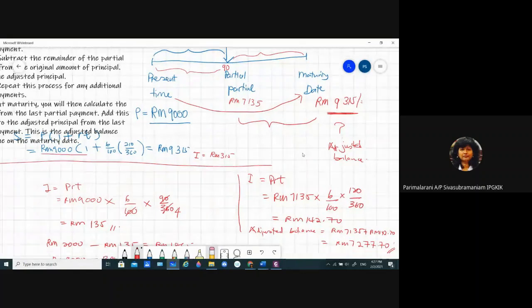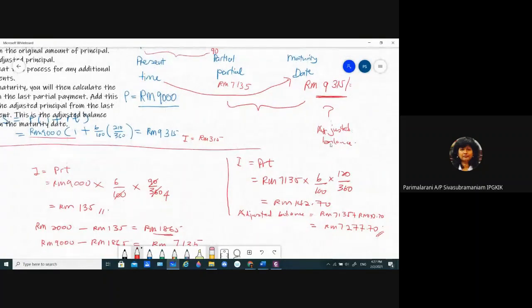Is this more or less than the original? Originally, we have to pay 9,315. This is what we have to pay originally, right? But she paid a partial payment of 2,000. Now she has to pay this much. So is she paying more or is she paying less at the end? Less, right?